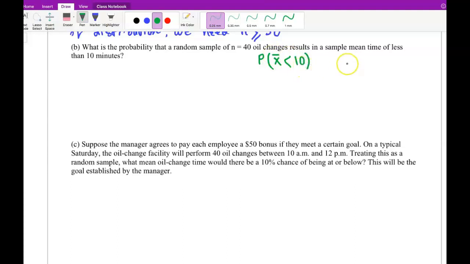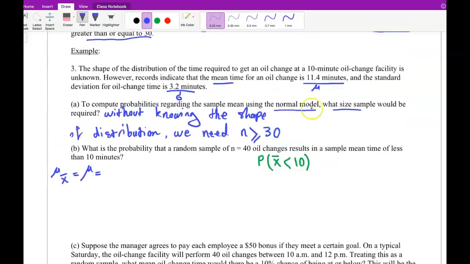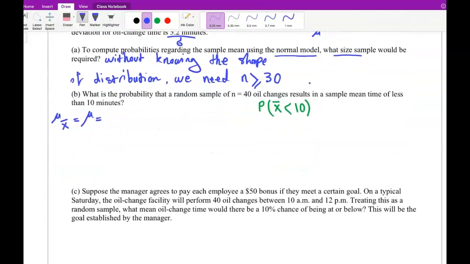In this part we have a normal distribution, and the mean is equal to 11.4.